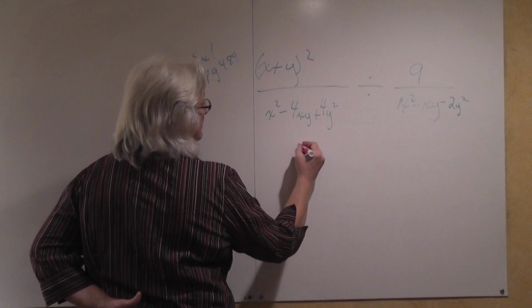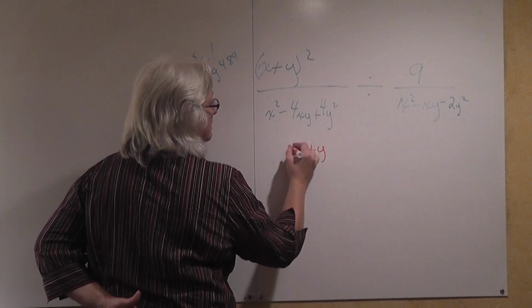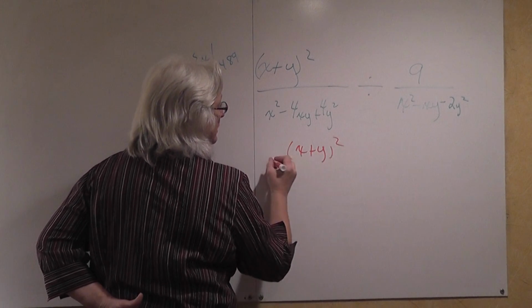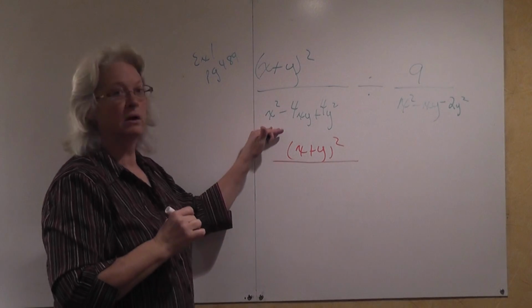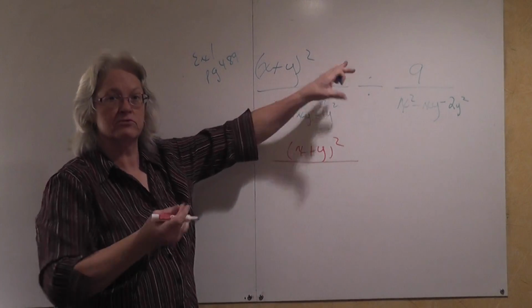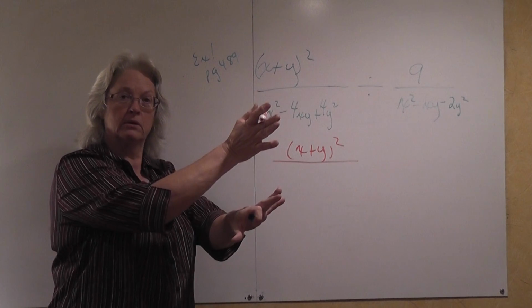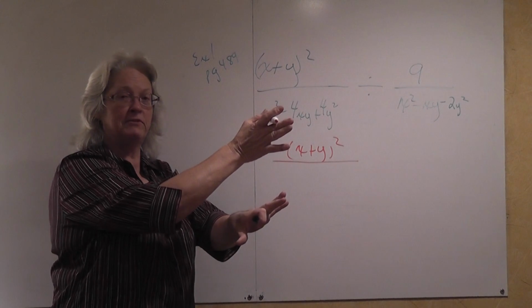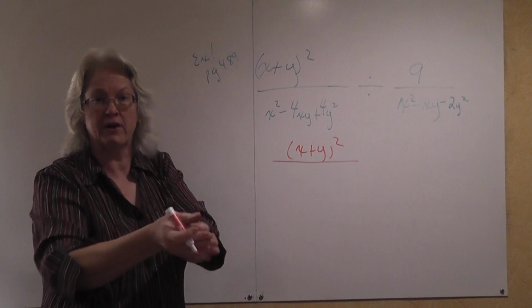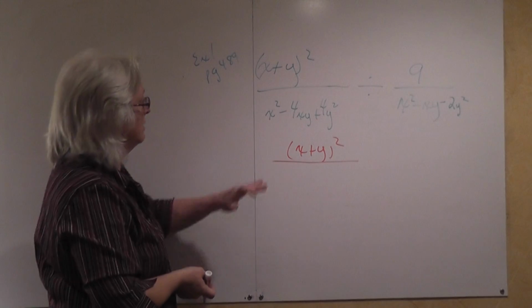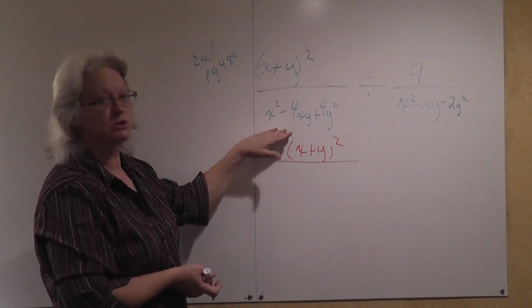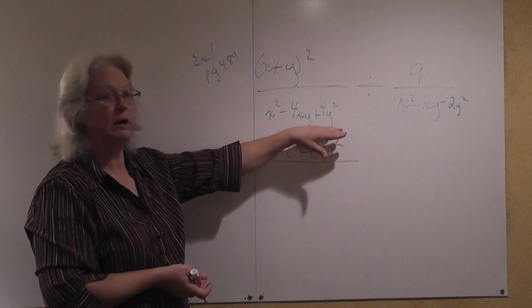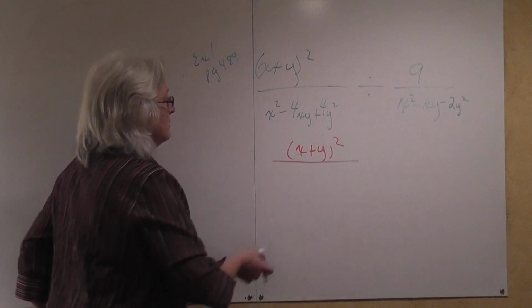I'm going to have x plus y quantity squared. I'm not going to write the extra step of just flipping so that we can multiply by the divisor and then factoring. I'm going to go ahead and factor as we go. We know we're going to have to factor this denominator, x squared minus 4xy plus 4y squared.